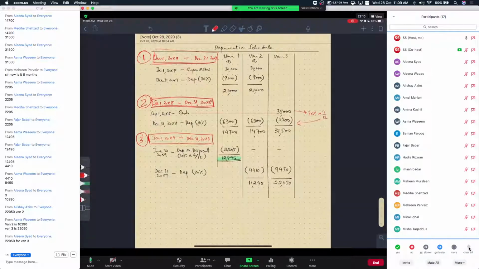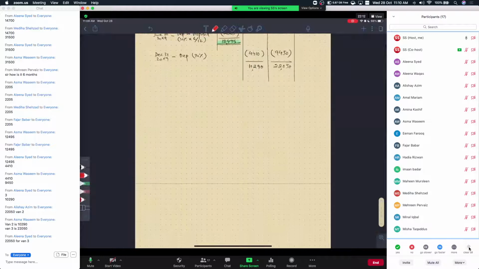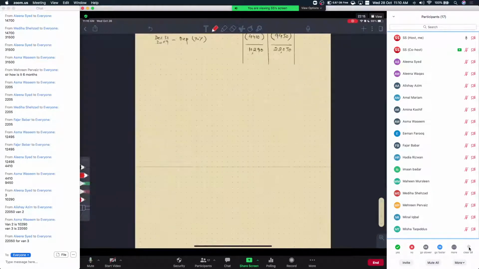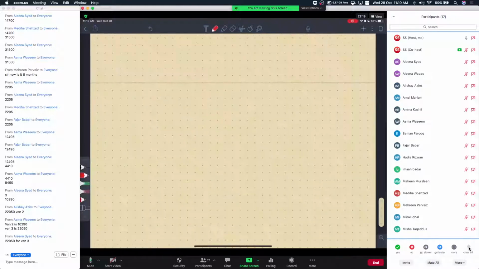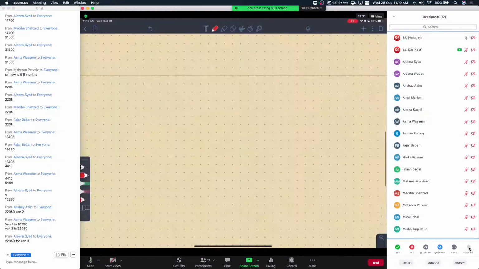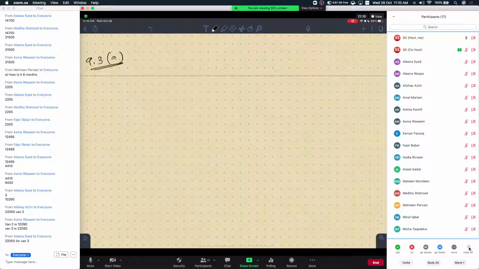So when we now begin to answer our questions, I will show them here on the second page, right? So now 9.3 part A, this was not the answer to the question, this was just calculations of workings. So 9.3 part A requires us to show the vehicles account.